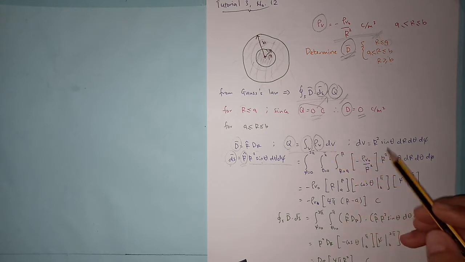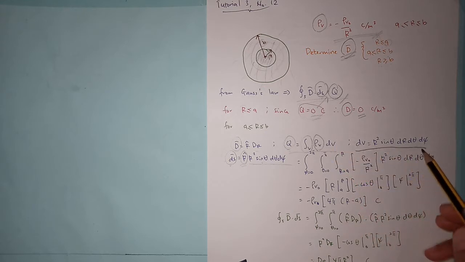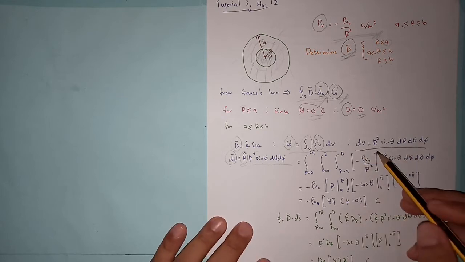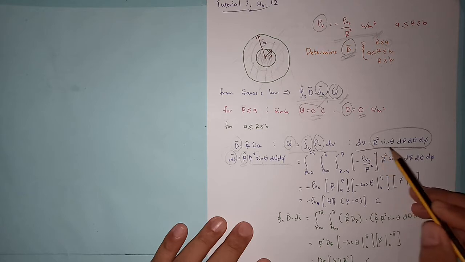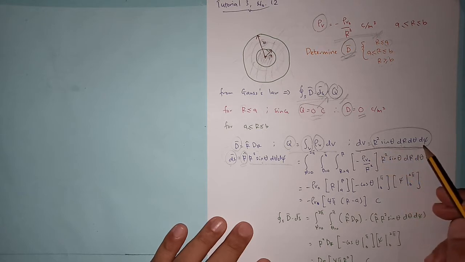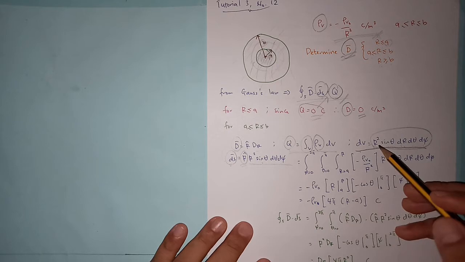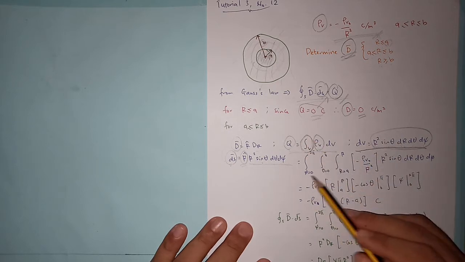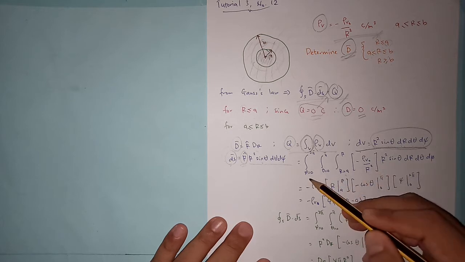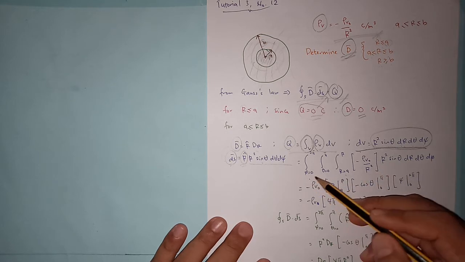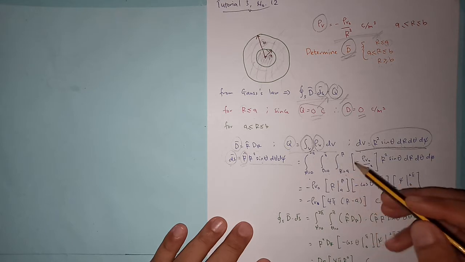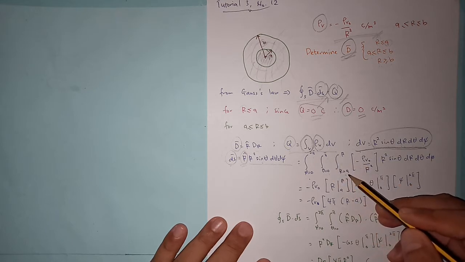In this case we will use a spherical coordinate system, where dv is given by r squared sine theta dr d theta d phi. Putting it all together, in a volume integration we need to perform a triple integration: phi from 0 to 2 pi, theta from 0 to pi, and r from a to r.